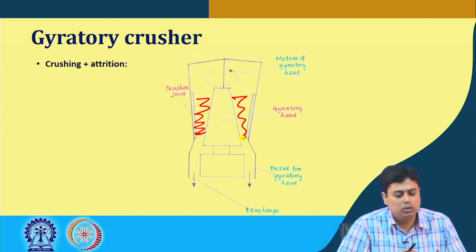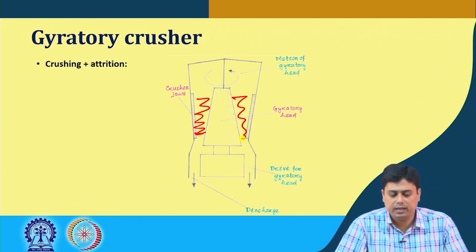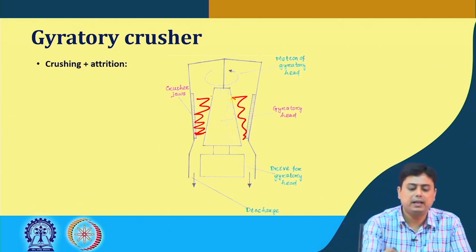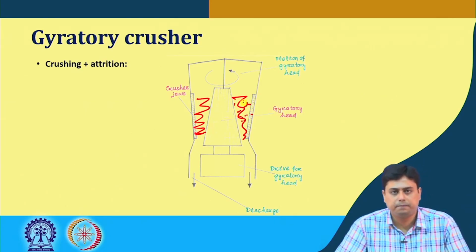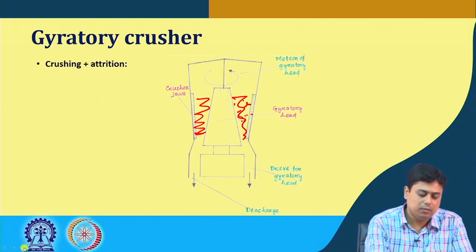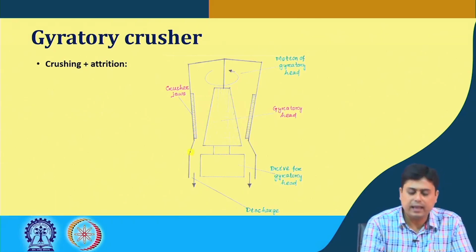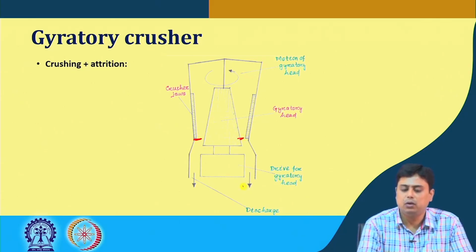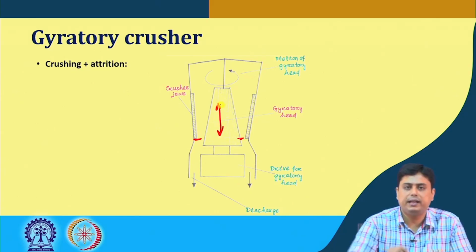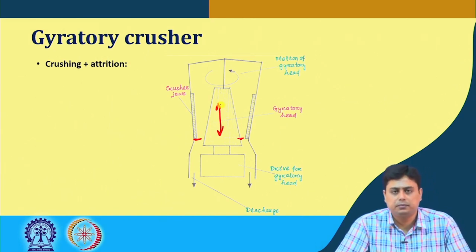So similar to the jaw crusher, in the gyratory crusher also the mechanism involved is the crushing between the two surfaces as well as the attrition between the particles plus the particles with the surface. Now in this case, the product size can be maintained by adjusting this gap, which can be adjusted by placing this gyratory head in an appropriate manner.